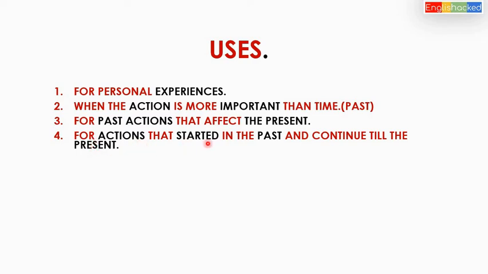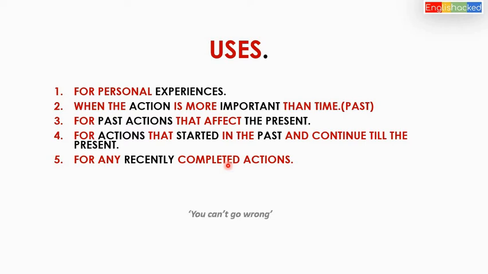For actions that started in the past, okay, and continue till the present. Don't worry, I'm going to show you the examples in the coming slides. This is very important. 5, for any recently completed actions. Any actions you recently completed, please use the present perfect tense. You can't go wrong. Good. Let's continue.